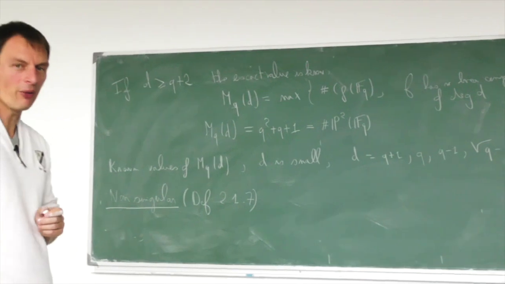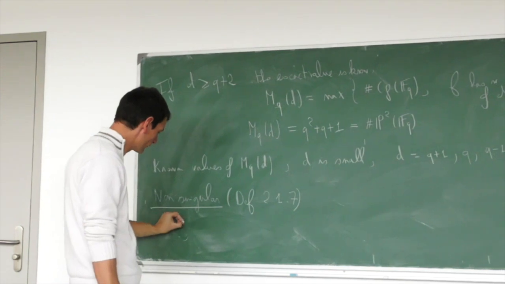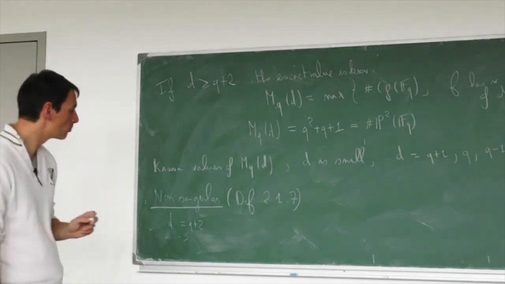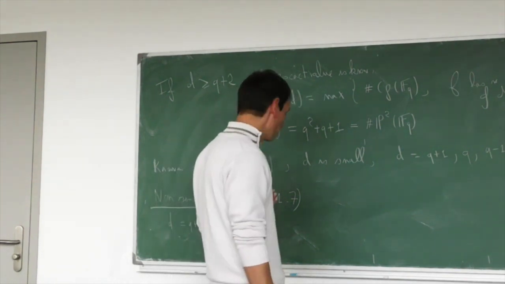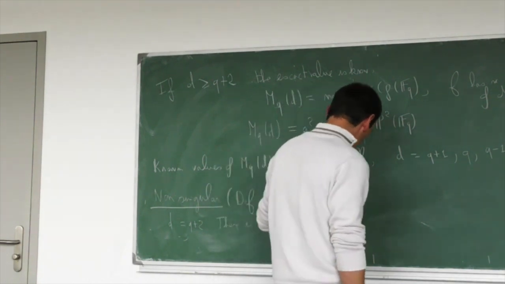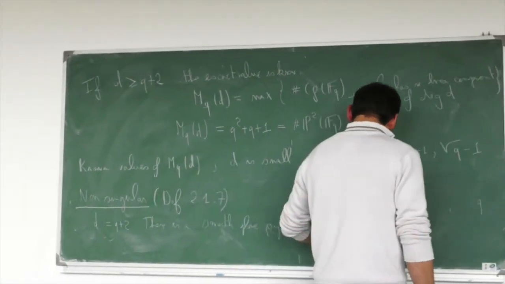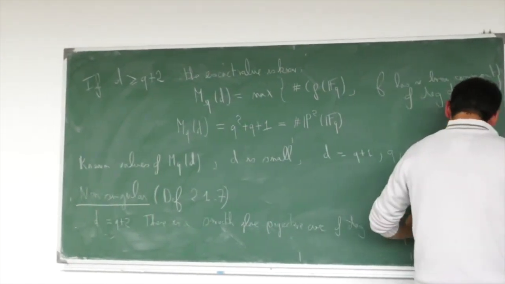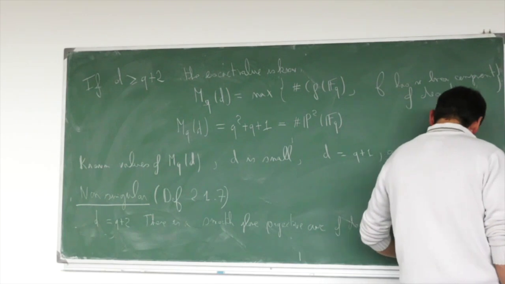One very nice result is that, yes, at least you can prove that, for instance, when d is q plus 2, there is a smooth (smooth means non-singular, it's the same) plane projective curve of degree d over Fq with the maximal number of points we had before, q squared plus q plus 1 rational points.